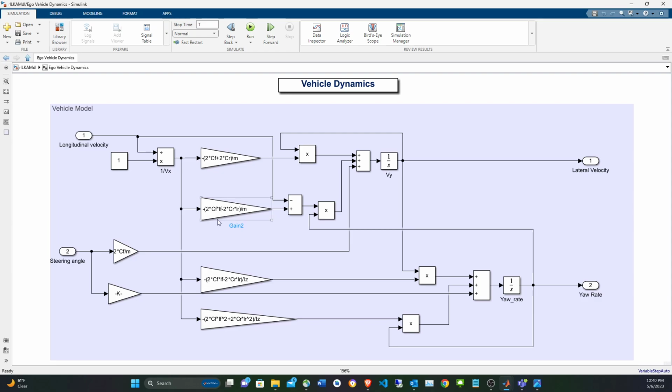You divide that force by the mass and you get the acceleration, and with that you compute the lateral velocity. In the case of angular velocity, you have the angular acceleration, and instead of using mass, you use the moment of inertia. You divide by moment of inertia to get the angular velocity, and it's basically the same.